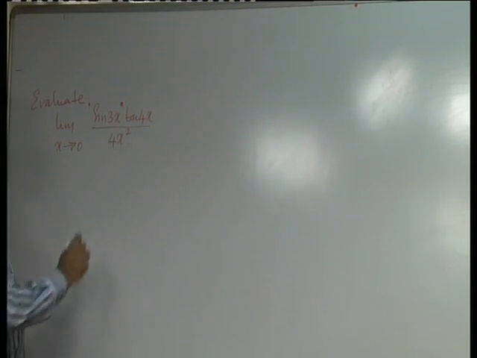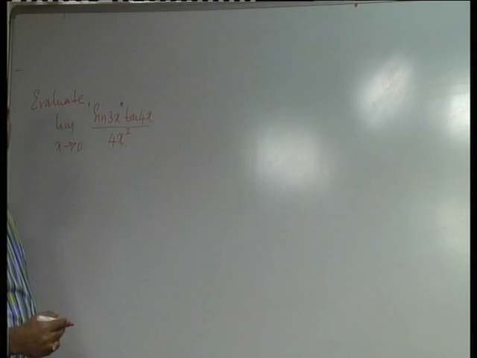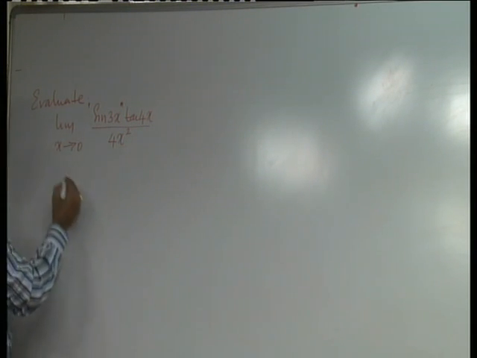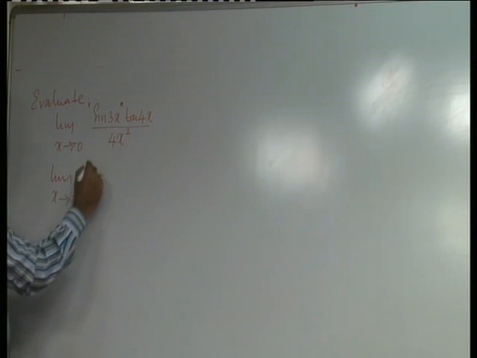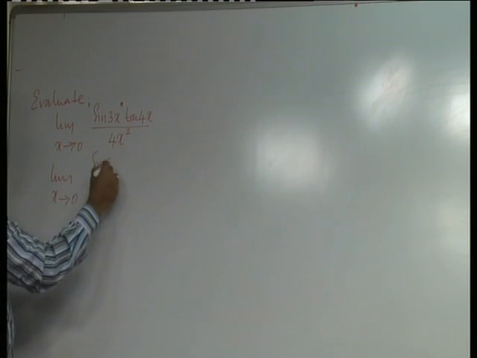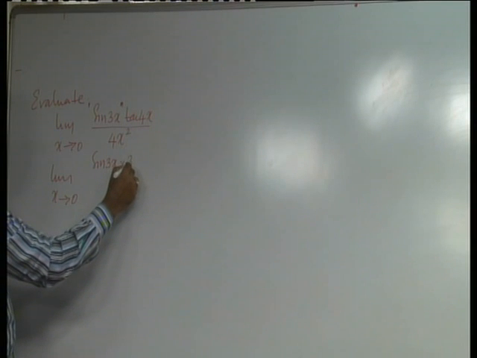I cannot take 3x at the denominator directly. So, I need 3x to be multiplied and divided.